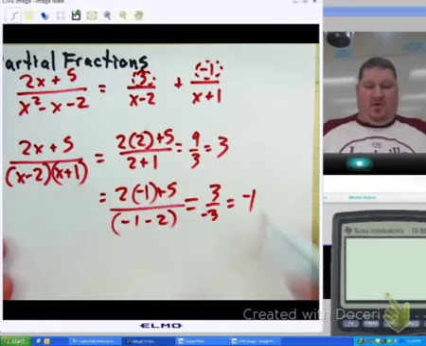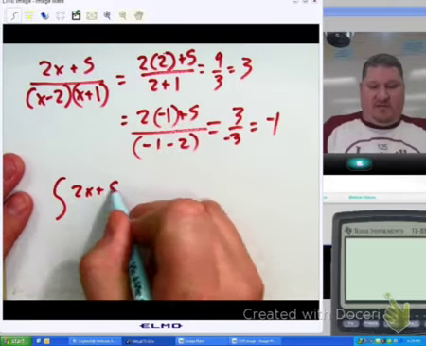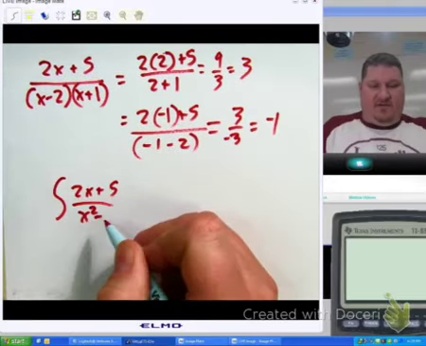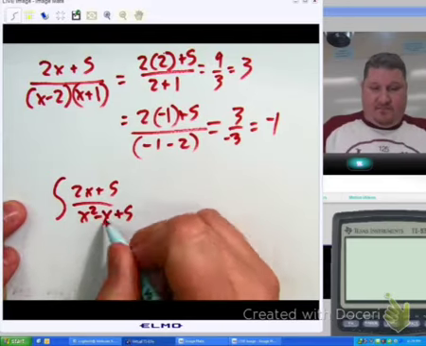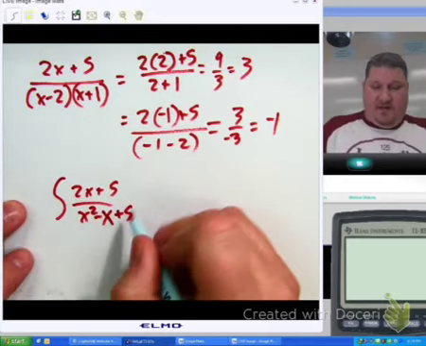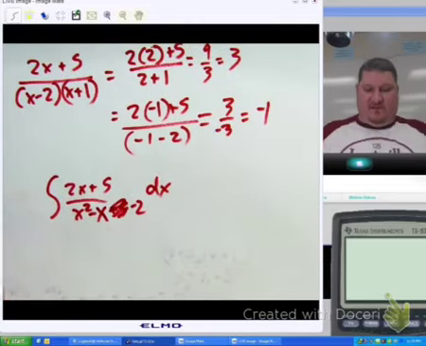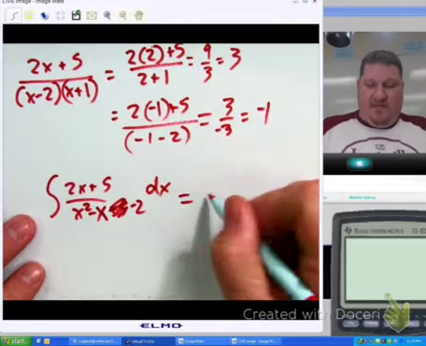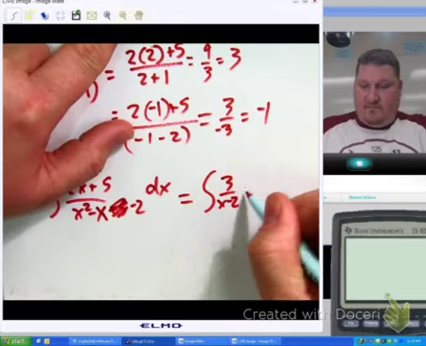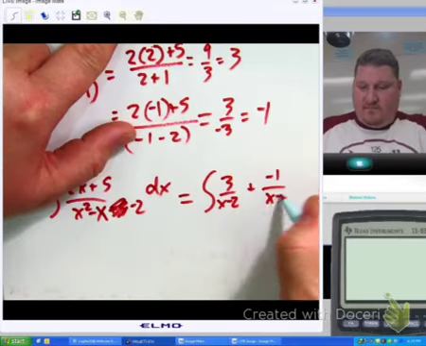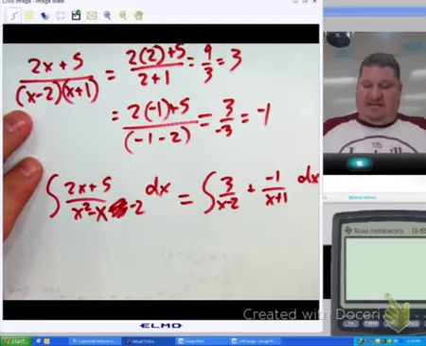Your purpose for this is if you were given an integration of (2x plus 5) over (x squared minus x minus 2), and we're told to integrate this in calculus. This is hard. This, on the other hand, is easy.